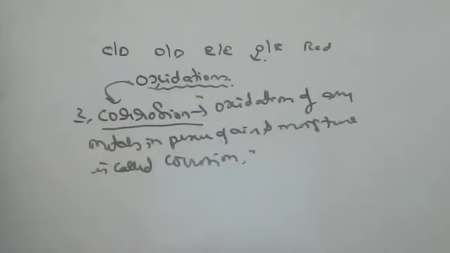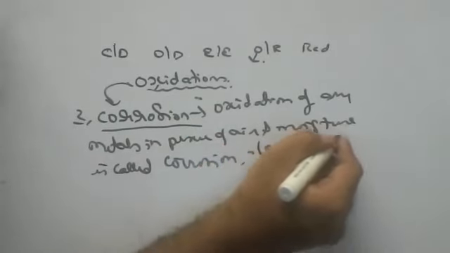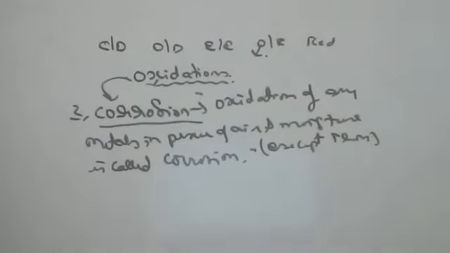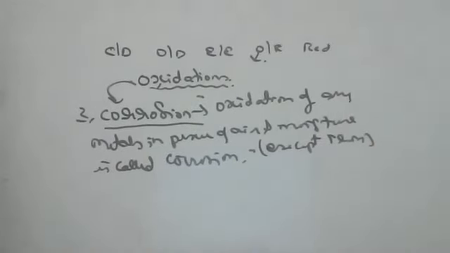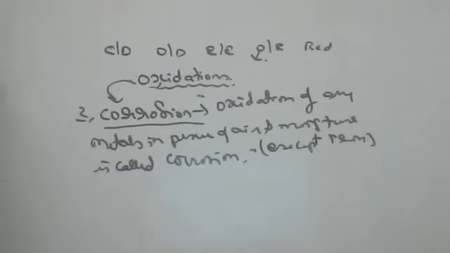Oxidation of any metals in presence of air and moisture, except iron, children. Except iron. Iron we will study under rusting. That is also oxidation only, but iron alone we will study separately as rusting. What is corrosion? Oxidation of any metals in presence of air and moisture is called corrosion.